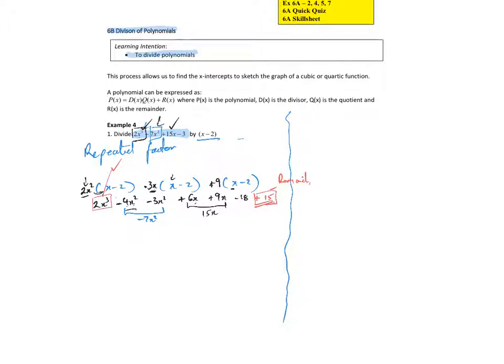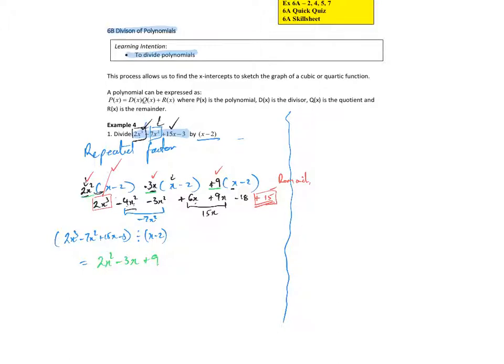Okay, so now my answer, if you like, are each of these numbers in front of the bracket. So that means if I do, if you like, 2x cubed minus 7x squared plus 15x minus 3 divided by x minus 2, I end up with 2x squared, the number at the front there, minus 3x plus 9.